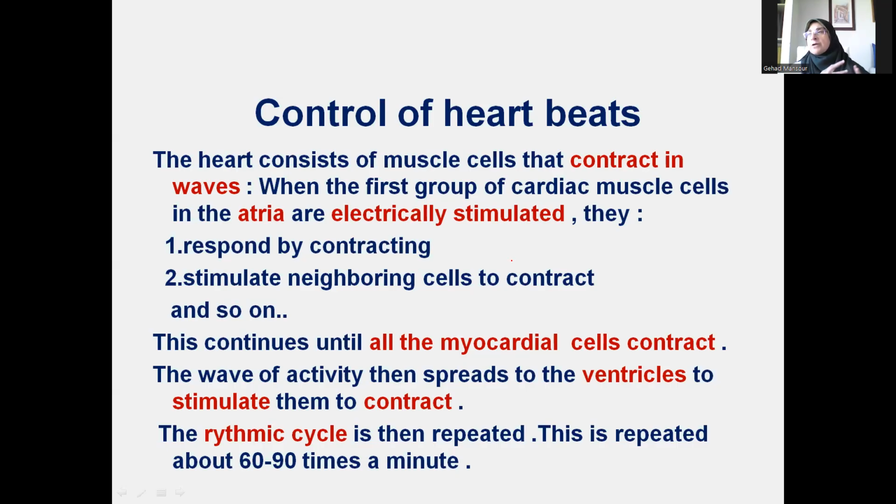For example, if you're anxious, if you're scared, if you're fighting, if you're flying, then you're tense and there is adrenaline and there is a sympathetic charge all over the body. And this will increase the intrinsic rate of the SA node. But within the normal range, for example, the normal rate of the SA node ranges between 60 and 90 beats per minute.